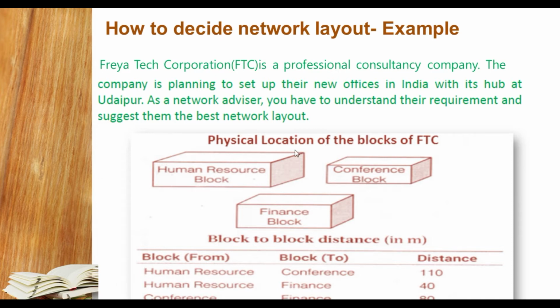So suppose this is the example. The physical locations of the blocks of FTC, the company, are the HR block, human resource block, conference block and finance block. They will give a table in meters. Human resource to conference distance is 110 meter, human resource to finance block 40 meter, conference to finance block 80 meter.